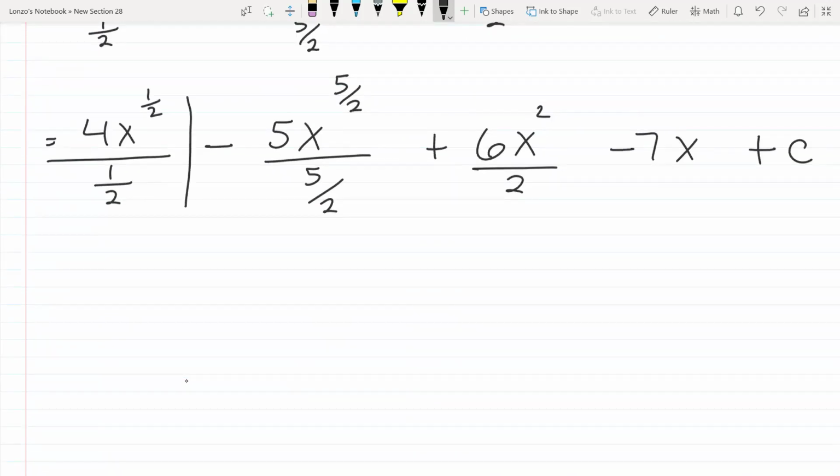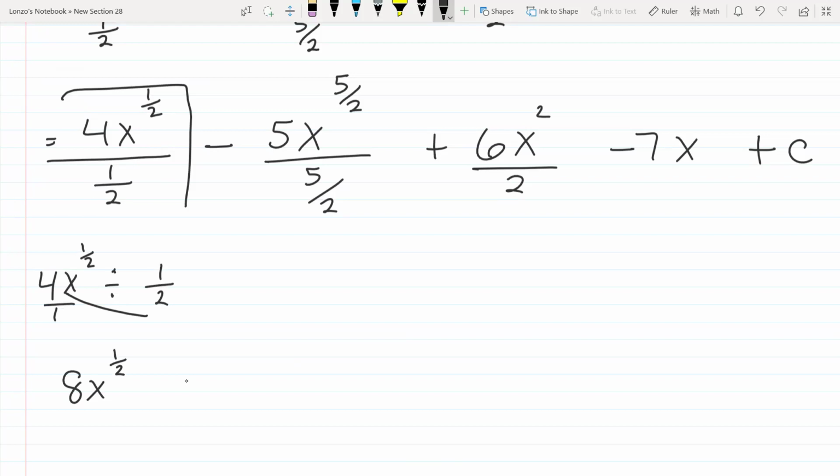Okay, now we have a complex fraction, so maybe we can write this as 4x to the 1/2 divided by 1 over 2. Cross multiply, so 4 times that would be 8x to the 1/2, right? Over 1. And then minus, this is also a complex fraction, so you can write this as 5x to the 5/2 divided by 5/2.